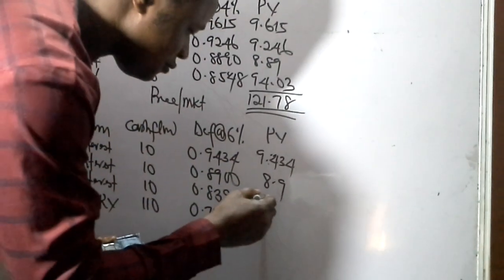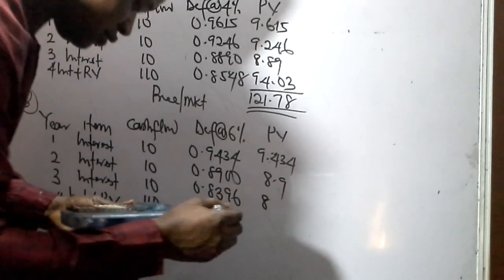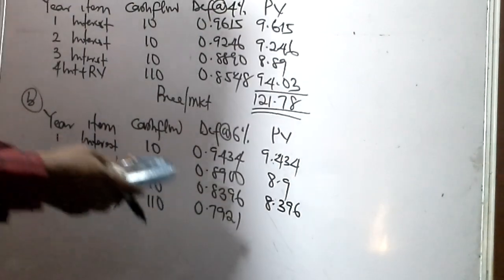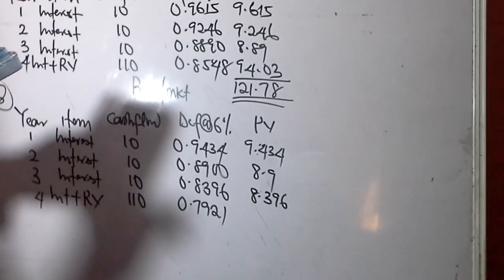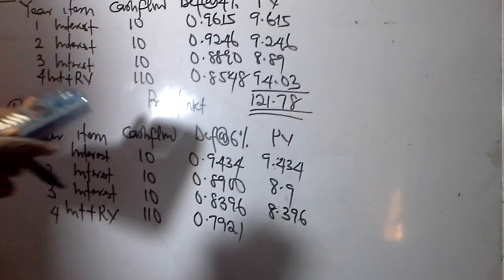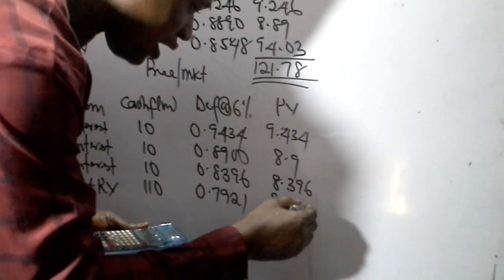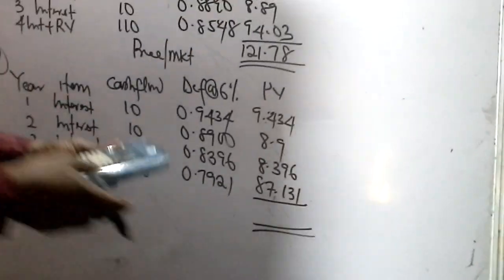You have 8.396. The last year now, 0.7921 times 110. You have 87.131. So let's sum together.